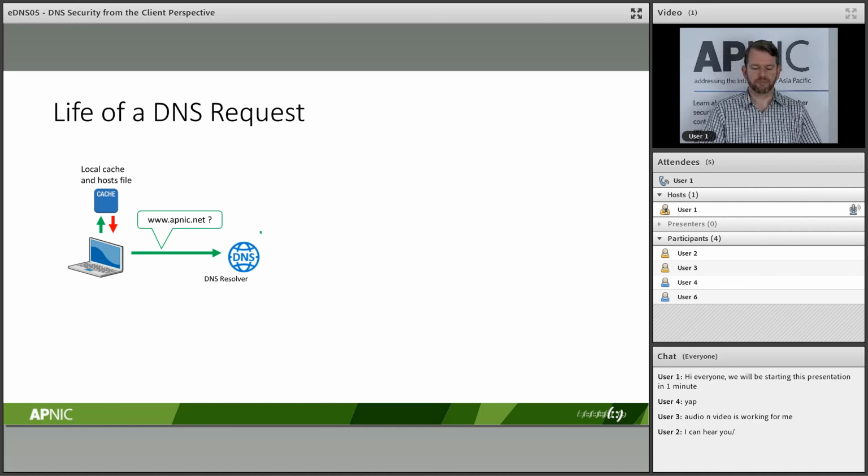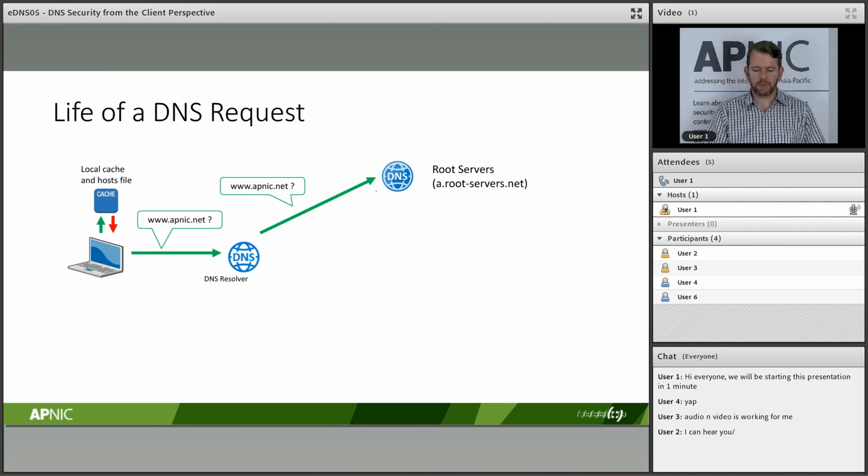So for apnic.net, we're looking at the .net, which is the generic top-level domain root servers. It will ask for www.apnic.net, but in reality, it will only respond information for what is that top-level domain, saying, well, it's a .net domain, so this is served by the gTLD servers.